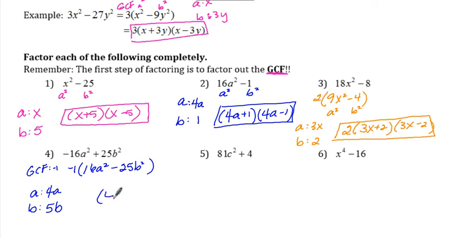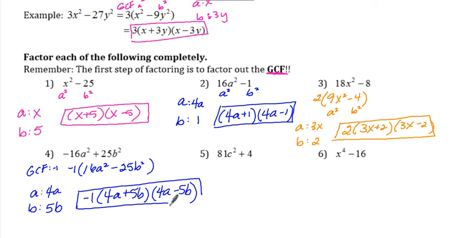So we build our factors, 4a plus 5b and 4a minus 5b. Don't forget we took out a -1. And that's that.